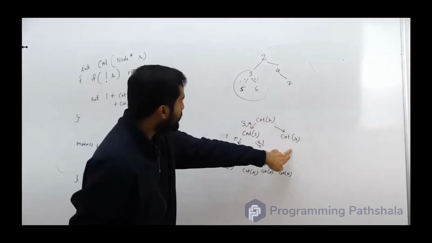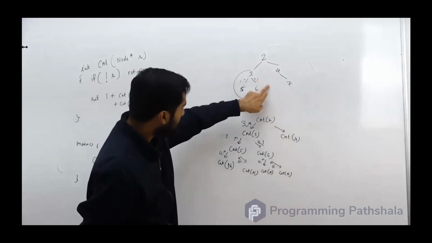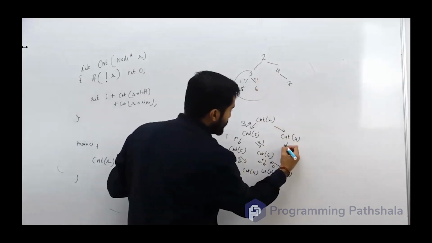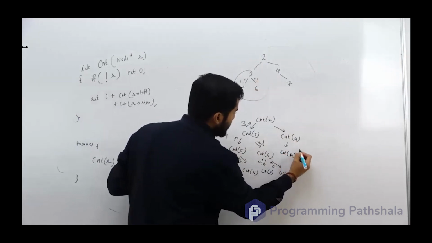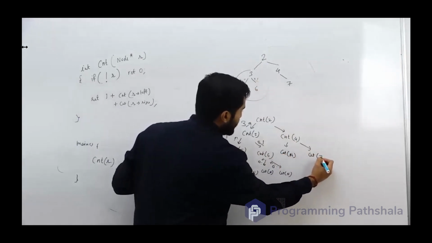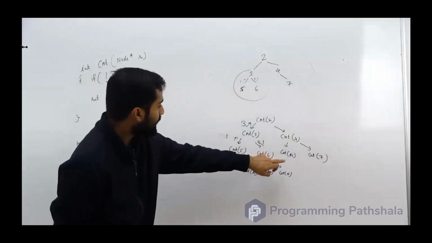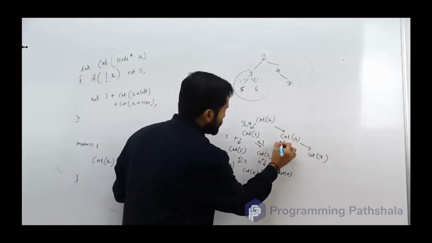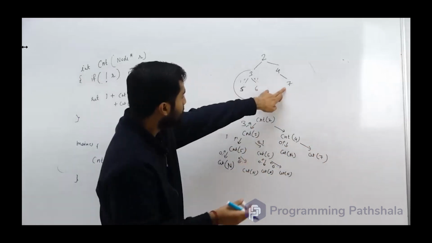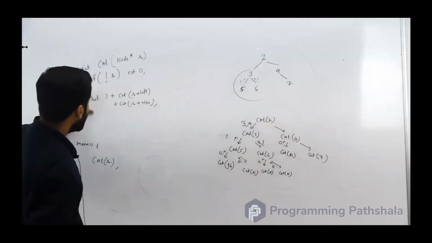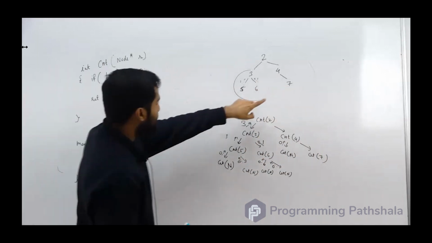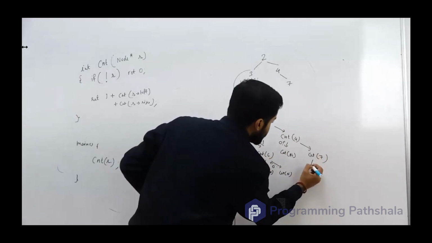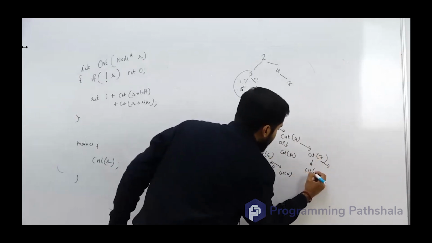Similarly, when count of 4 is called, you will first call count of 4 left, which is null, and then you will call count of 4 right, which is 7. At null, again, you will return 0. And at count of 7, again, you will make a call to count of 7 left and count of 7 right, which are count of null.